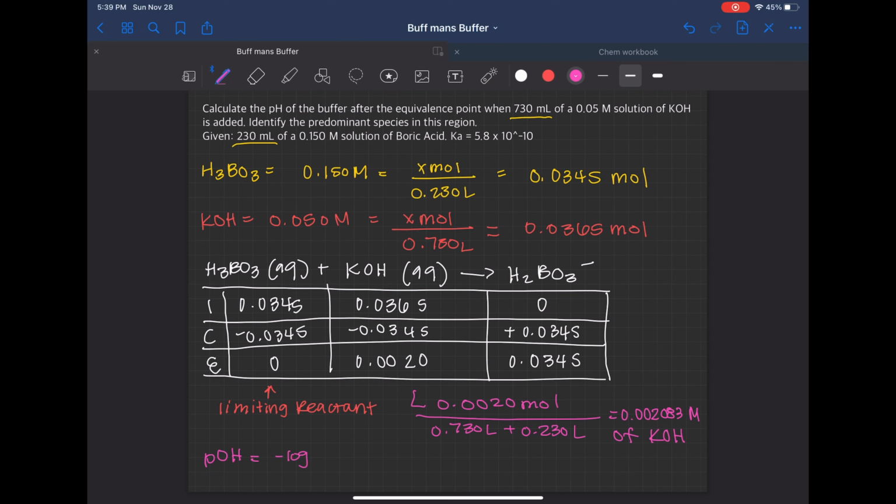To find the pOH, we're going to plug in our concentration of KOH into negative log, and we're going to get 2.681, and then we're going to take the pOH and subtract it from 14, so 14 minus 2.681, we're going to get 11.3 as our pH for our fourth and last region. In region 4, we have completed our chemical reaction, and our predominant species in region 4 is going to be our potassium hydroxide.